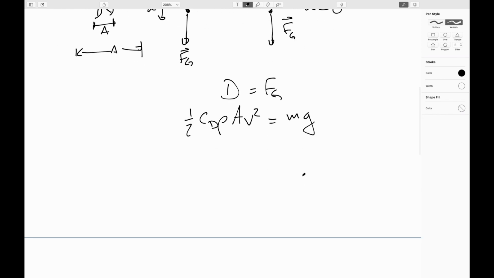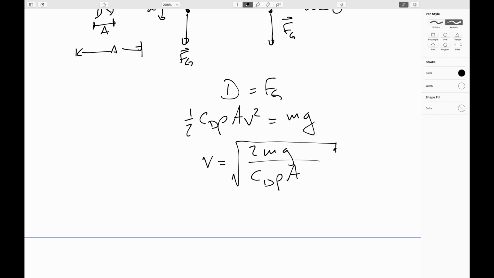So let's go ahead and shuffle it all around. If we solve for the velocity, v equals the square root of 2mg over CD rho A. Cool.